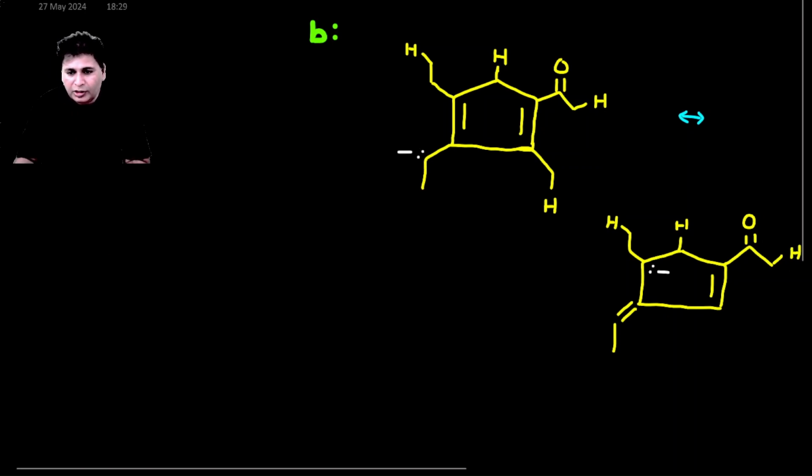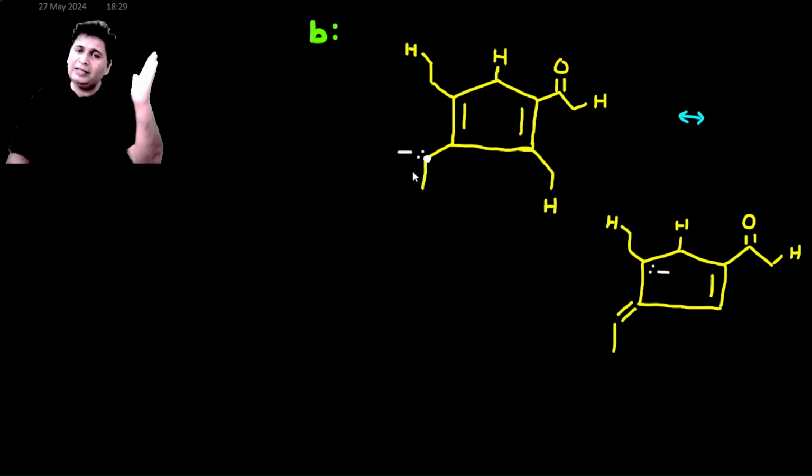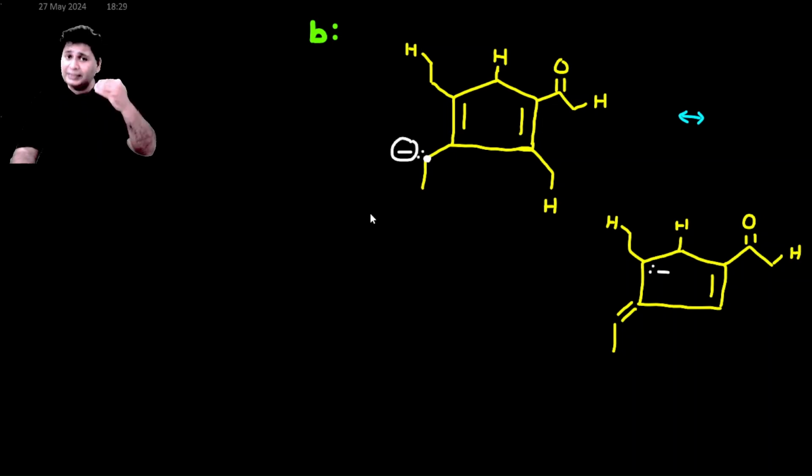Hydrogen number B was basically attached at this carbon. We have taken that hydrogen away as H plus, leaving behind a minus charge on this carbon. Now we will have to see if there is any possibility we can delocalize this minus charge, and the possibility has to be seen if conjugation is present.